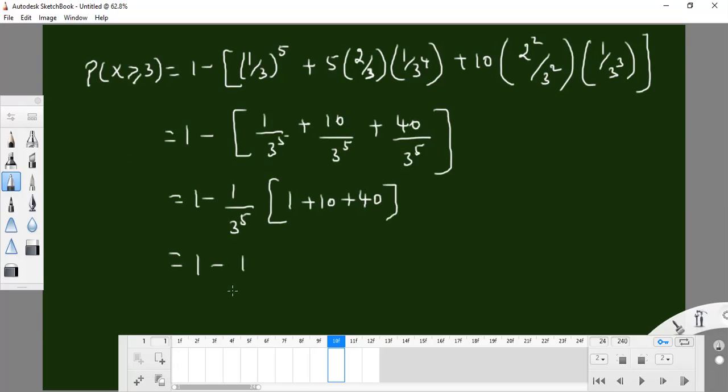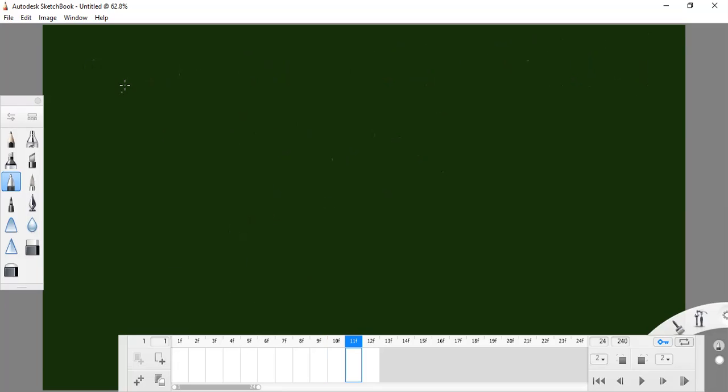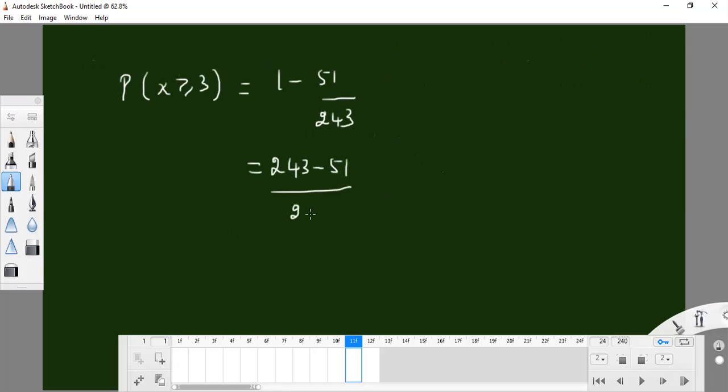So 1 minus 1 by 243 into 51. So what is the answer for this? 1 minus P of x greater than or equal to 3 equal to 1 minus 51 by 243, which gives 243 minus 51 by 243.